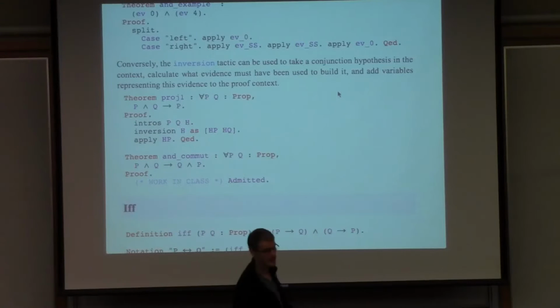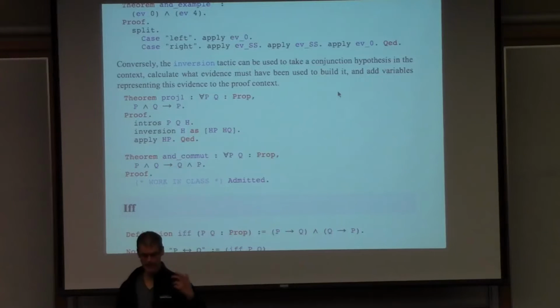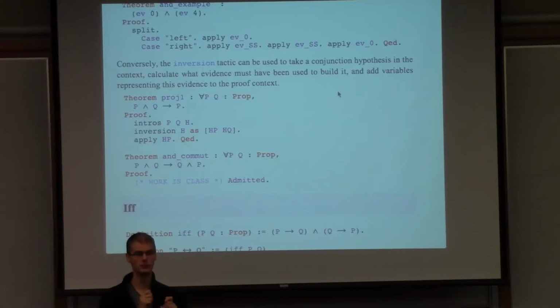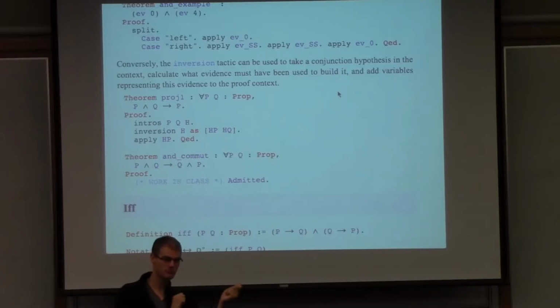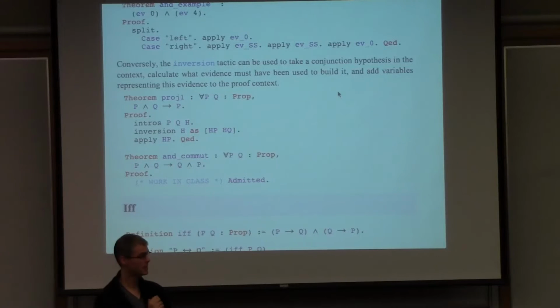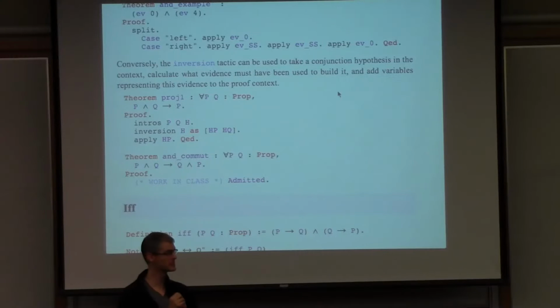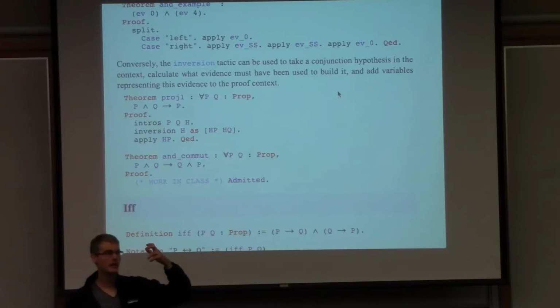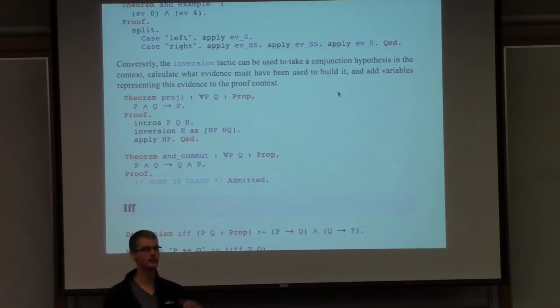And then conversely, if I have a conjunctive hypothesis, I can split it apart into two hypotheses, P and Q, by using inversion. Okay, so inversion is your friend in many of these situations where you have inductively constructed evidence and you need to find out how it could have been constructed.